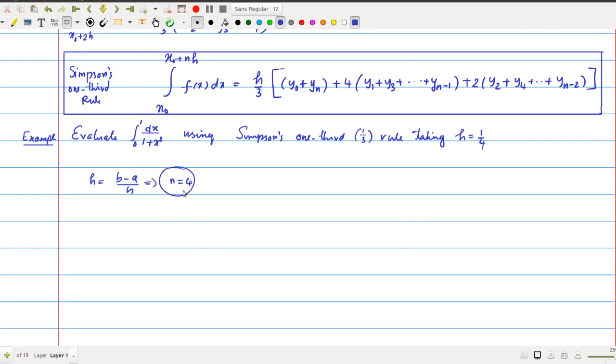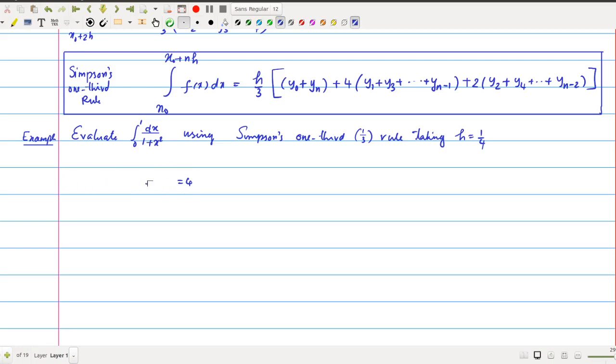Why do I write n is equal to 4? Before we apply the rule, we evaluate the integrals in sub-intervals.